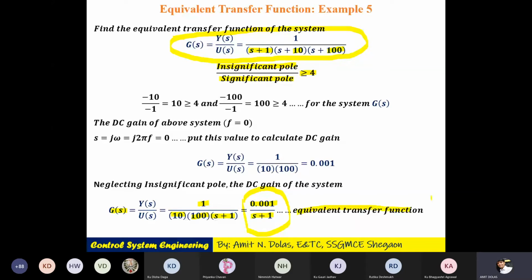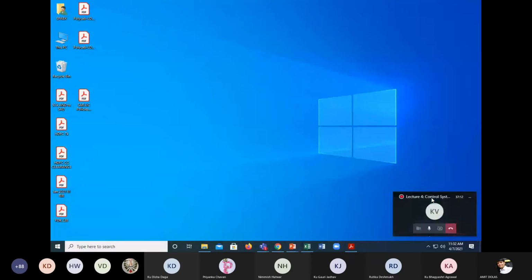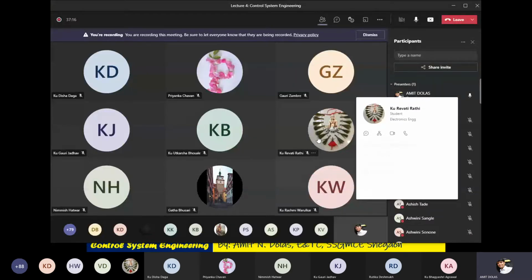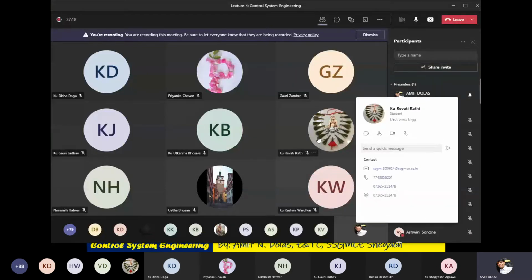So I hope you understood how to reduce the transfer function, or how to get an equivalent of the transfer function. Any questions till now? I'll break for say half a minute.